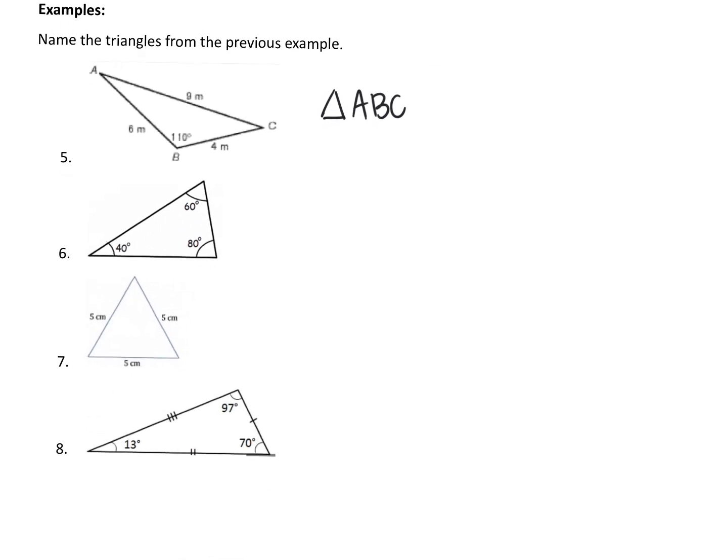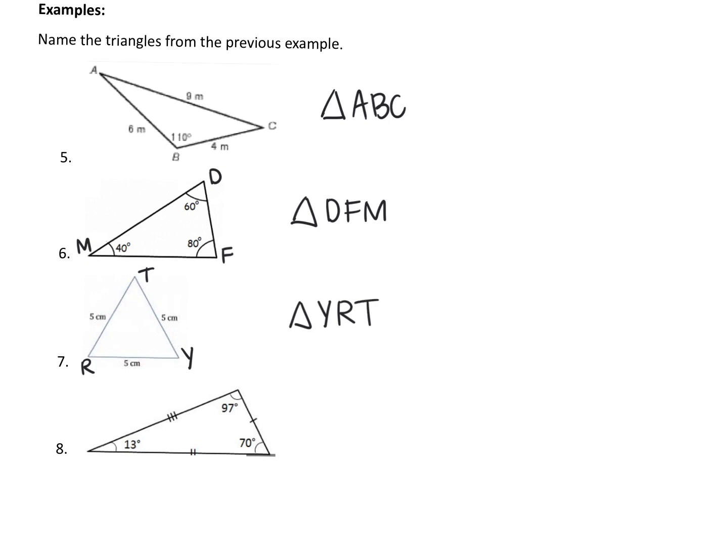For our next 3 examples, I don't have any letters, so I'm just going to make up some letters: D, F, M. So I'm going to name my triangle DFM. My next one, we'll do T, Y, R, so it'll be triangle YRT.